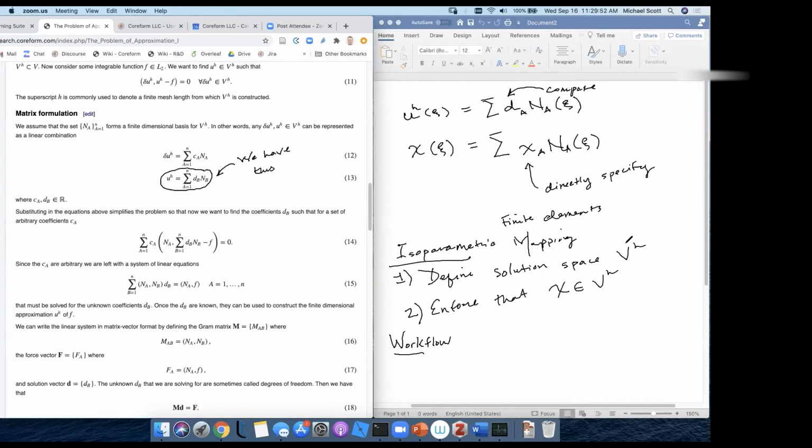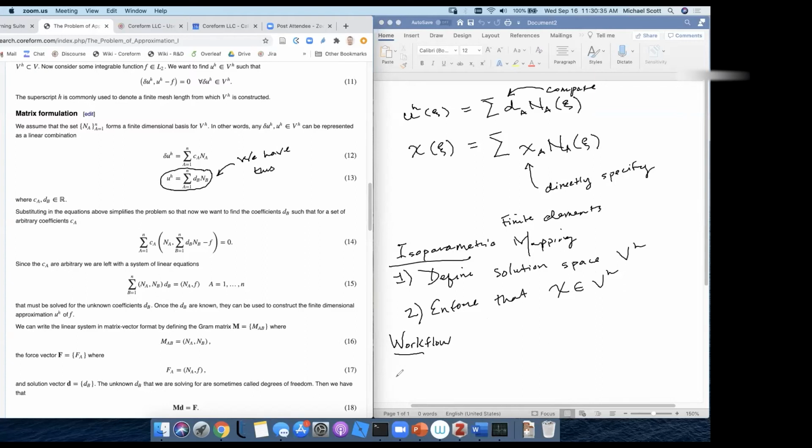It is just the linear space, the finite element space, the finite dimensional space that we're using where we're going to look for our solutions. So you're just saying that they have to match. That's right. In an isoparametric setting, you define your solution space and then build a geometry for your problem that lives in that space. It's defined as a linear combination of the basis functions that span that space.